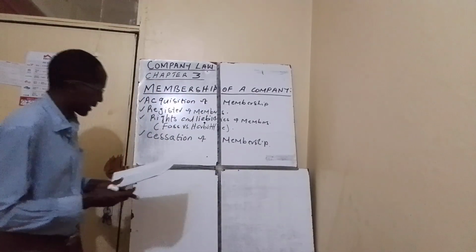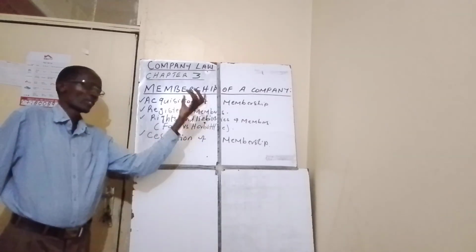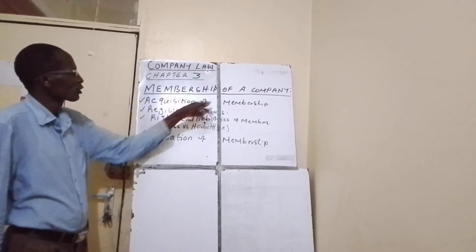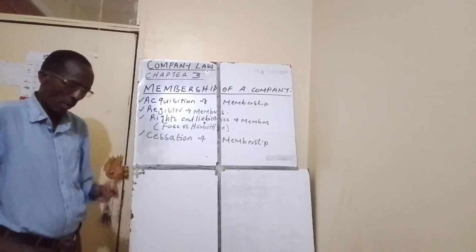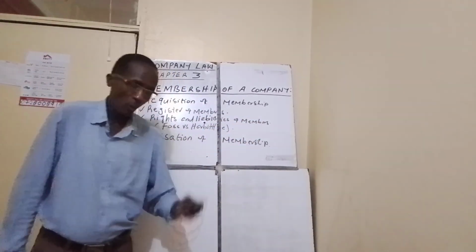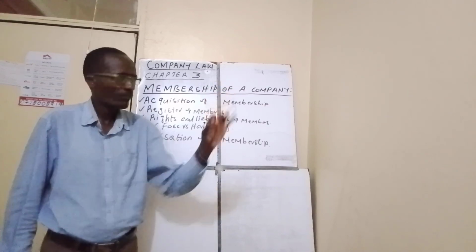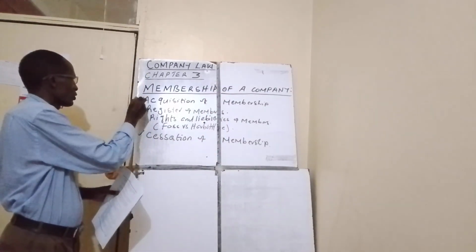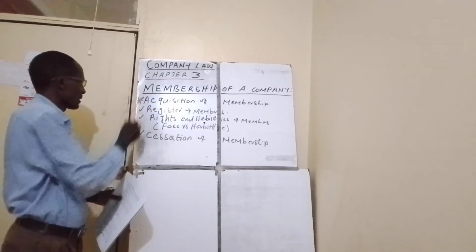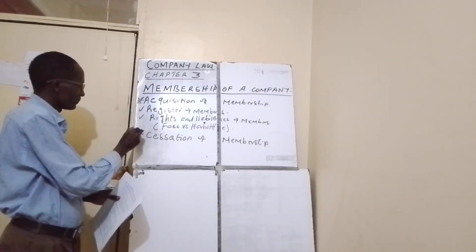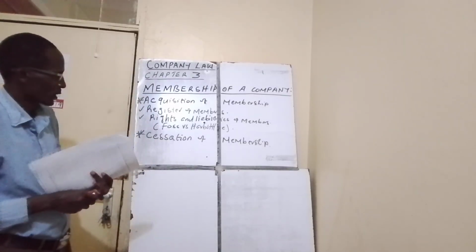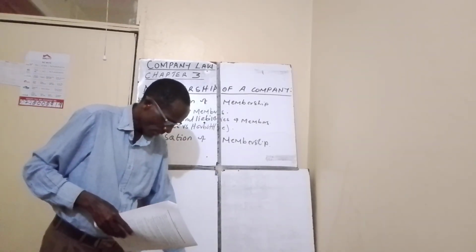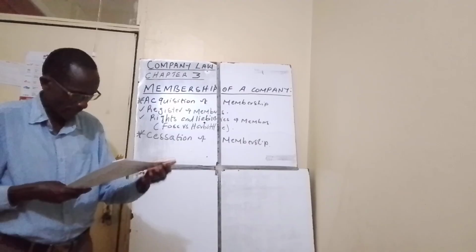If you want to understand cessation of membership, first understand acquisition of membership. How do you acquire membership in a company? Once you understand how to acquire membership, then this becomes quite easier. So first understand that. If you have understood how to acquire membership of a company, then ceasing becomes easier.